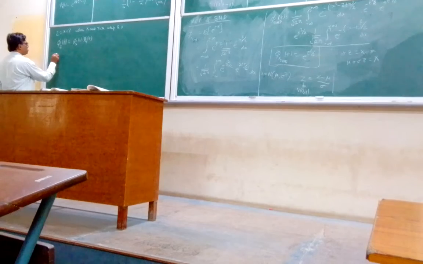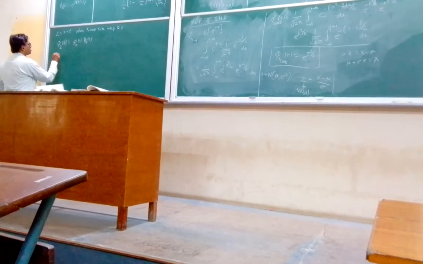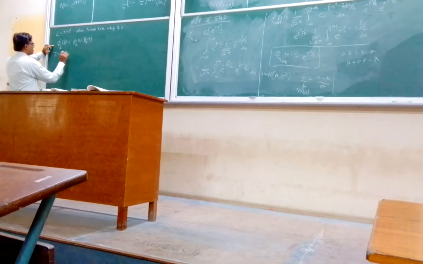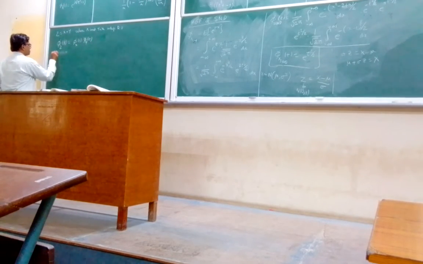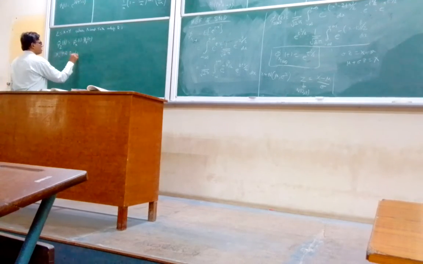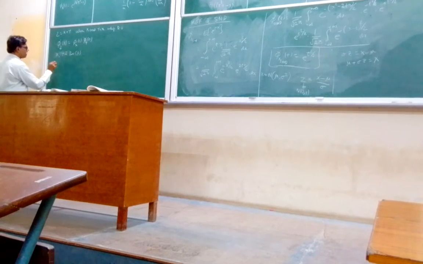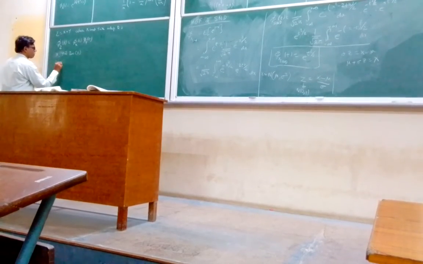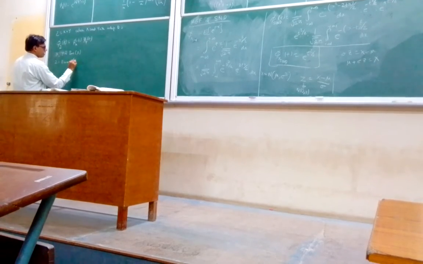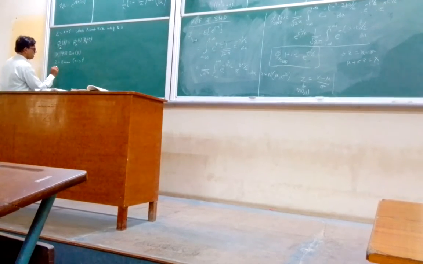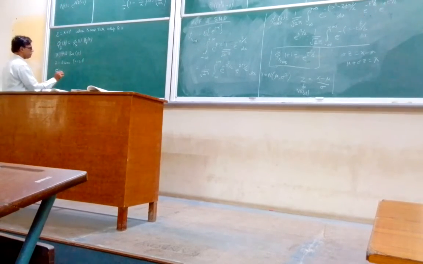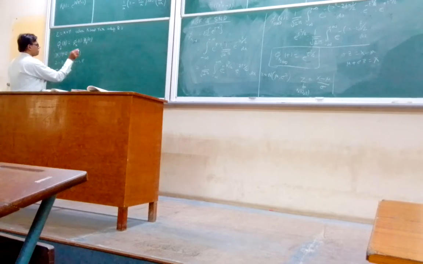That is what we said: if Z is equal to X plus Y, where X and Y are Bernoulli with p, then Z is binomial with n equal to 2 comma p, and psi Z of t will be the product.